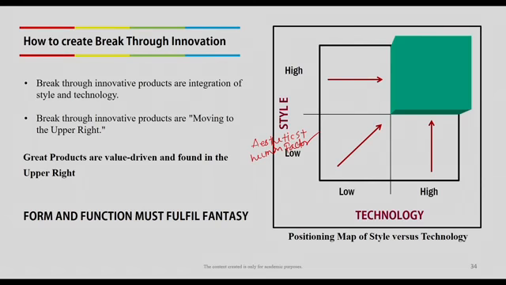A desirable product is one whose technology, function, appearance and market positioning make customers want to own it. So, good products are value driven and found in the upper right, and these products have form and function and fulfill the fantasy.